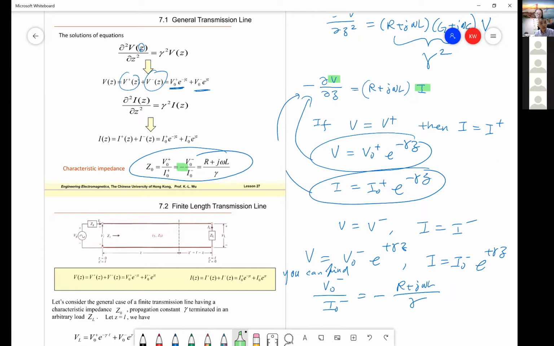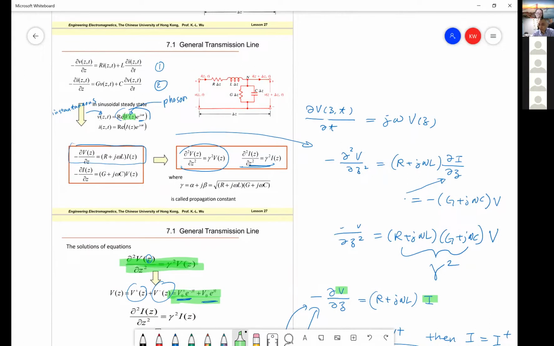If you don't remember this, you have to remember this: for this equation, you have this solution. Then you have to remember these two differential equations.